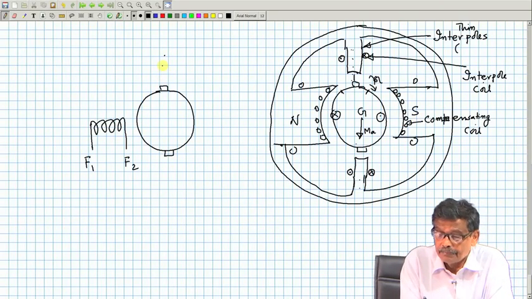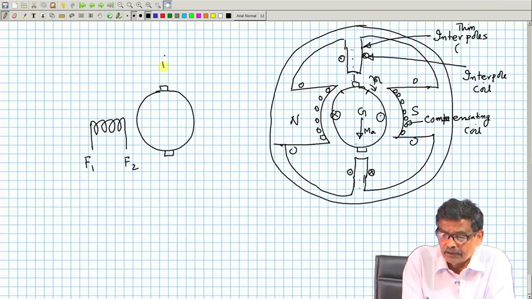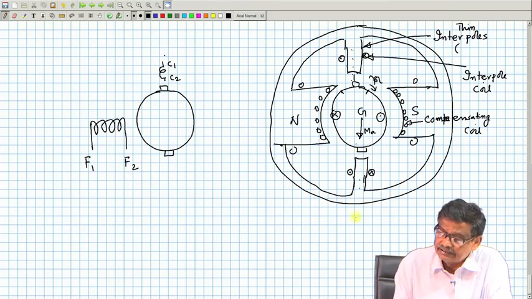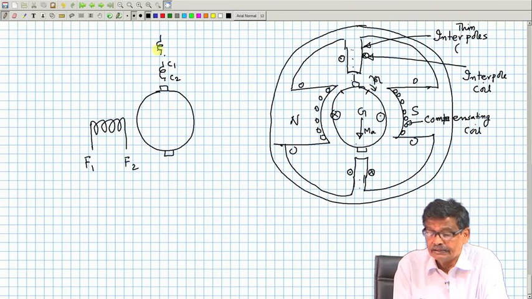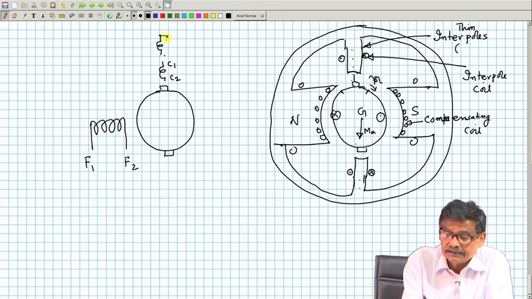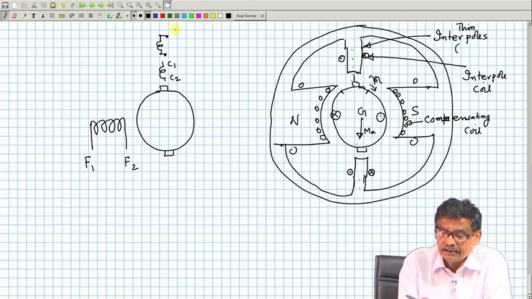and this machine therefore can be shown, one large machine may be having C1 C2 compensating coil, and also its axis is along the quadrature axis, and these are interpole terminals. By which name should I call it?